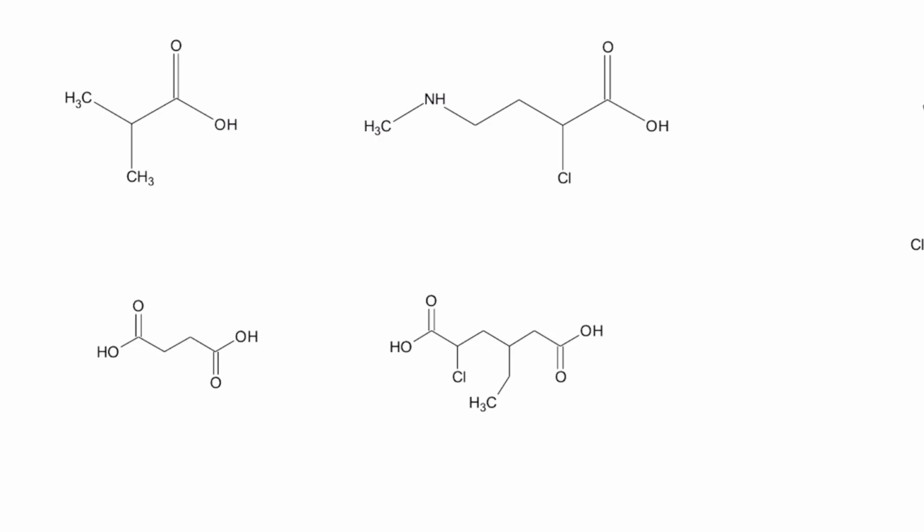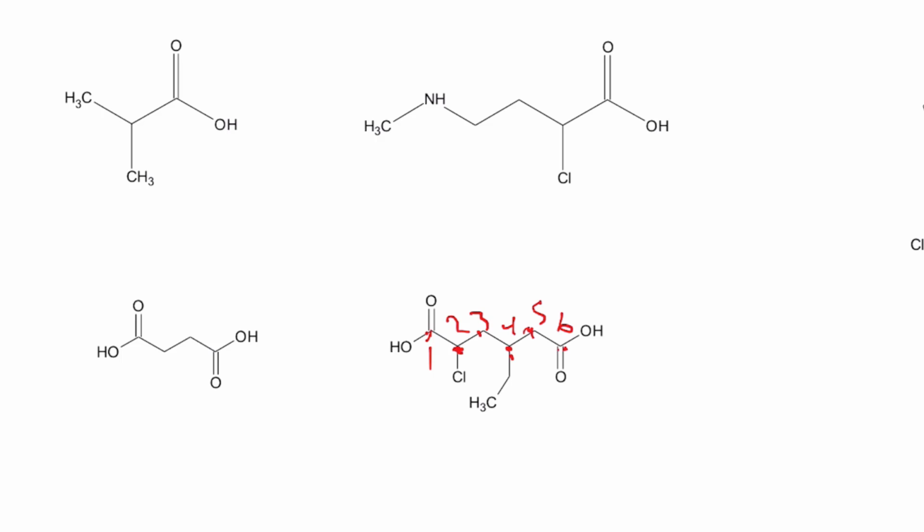Moving on, again we have a dioic acid, but where we number from will depend on the substituents that are hanging off. So 1, 2, 3, 4, 5, 6, it's a hexane group. If I start 1, 2 in, I get a chloro. If I start 1, 2 in, there's nothing here. And then in the 3 position is an ethyl. So to make the lower numbers on the substituents, I'm going to start numbering from this side. 1, 2, 3, 4, 5, 6.